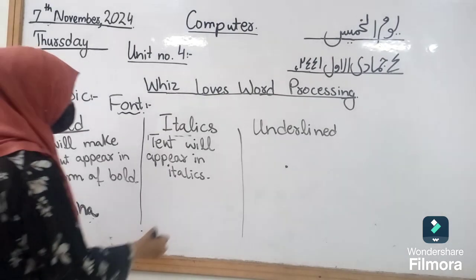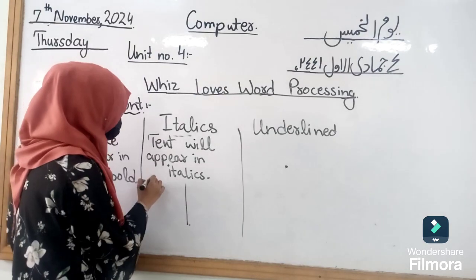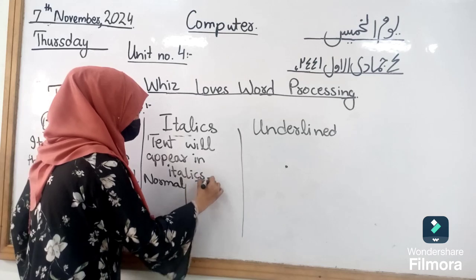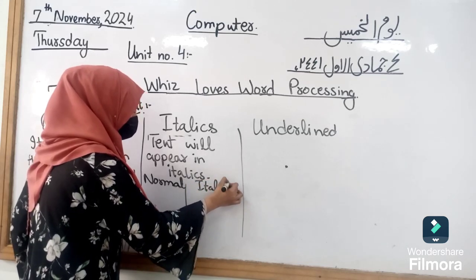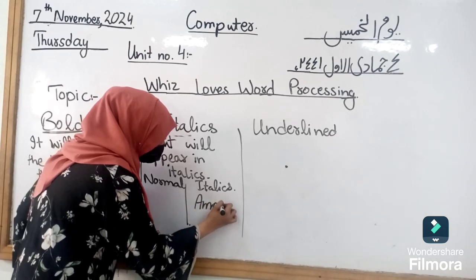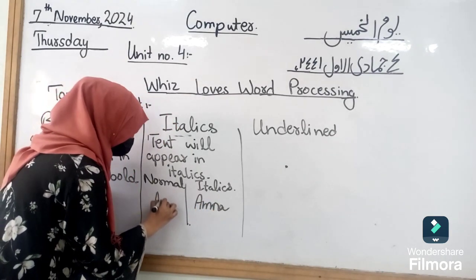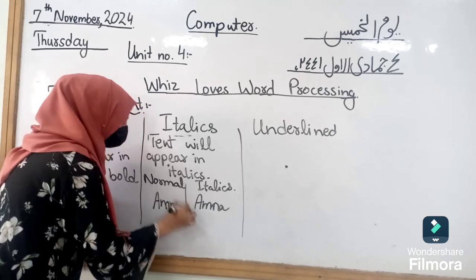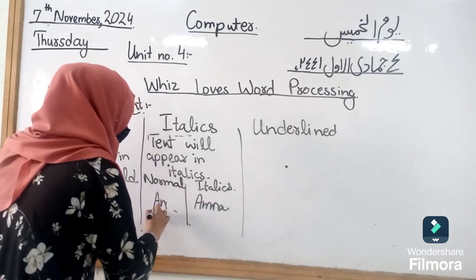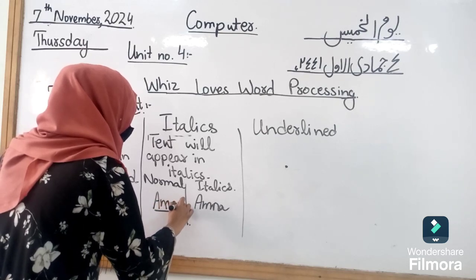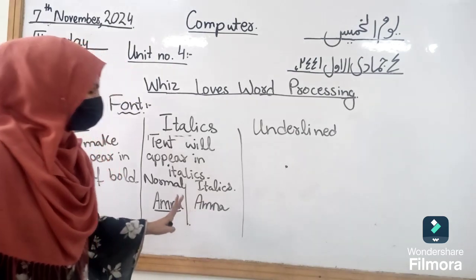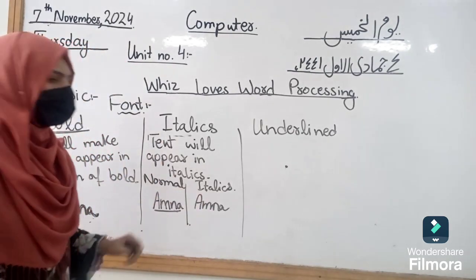So students, let me tell you the difference in the normal form and the form of italics. This is the normal form in which the text is in a sequence, in order, and this is the italics form in which the text is inclined towards the right.